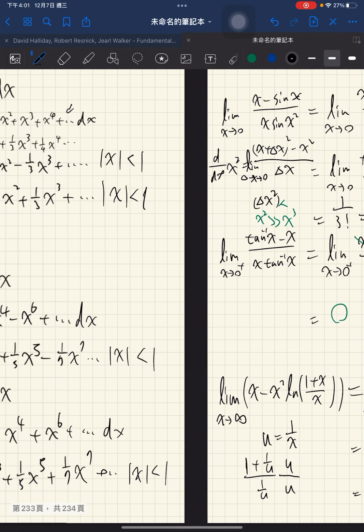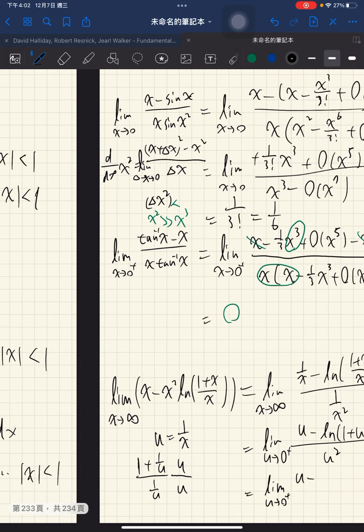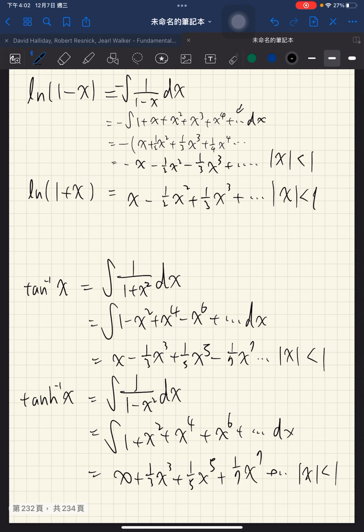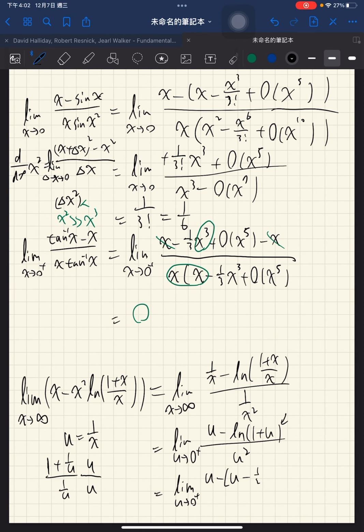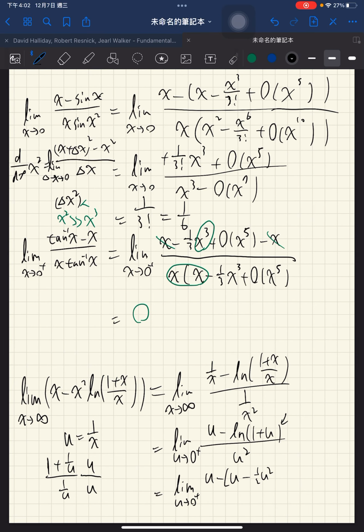Oh, sorry, 1 plus x, so we will get u minus 1 over 2 u squared, and I think this is enough for it.